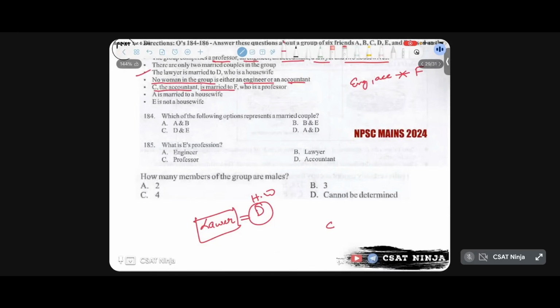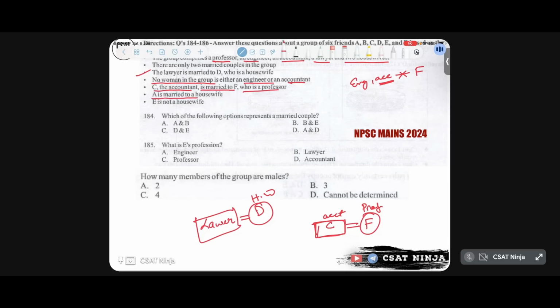Remember, the above statement says that accountant is not female, which means that C is a male there. Why? Because the above statement says that no woman is an engineer or an accountant. That means accountant has to be male there. Accountant C is married to F. That means F is female there. Who is a professor? That means F is a professor. Okay, we have that.